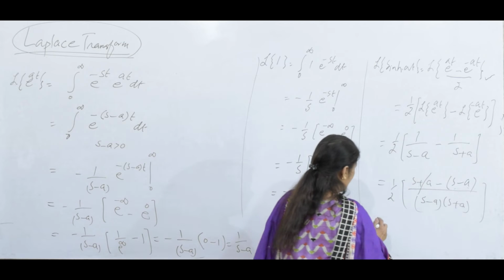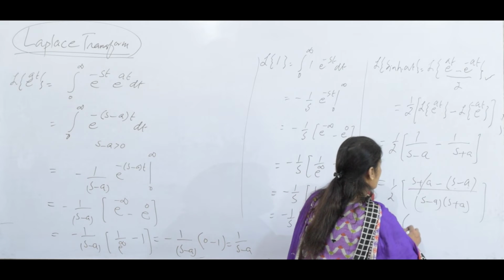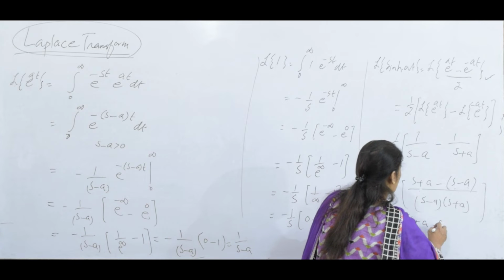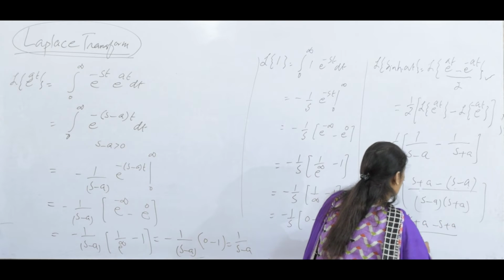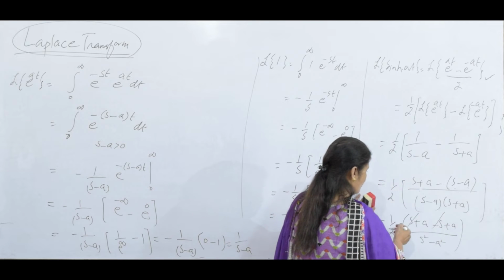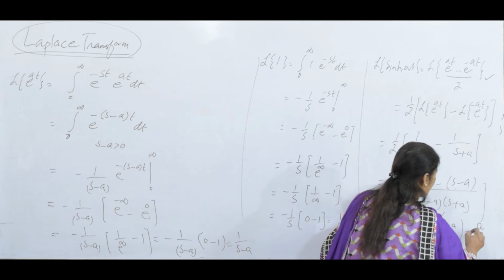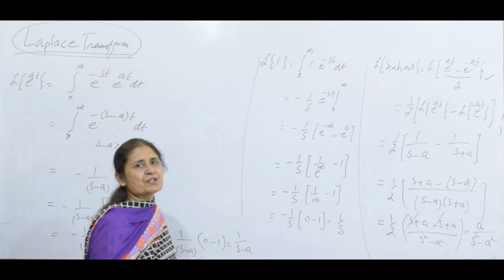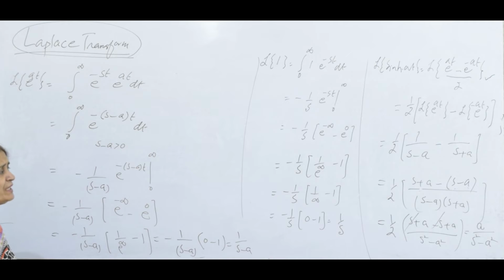Once I simplify, this is (s plus a minus s plus a) over (s square minus a square). The s cancels, and 2a cancels with the 2, leaving a over (s square minus a square). So the Laplace transform of sinh(at) is a over (s square minus a square).